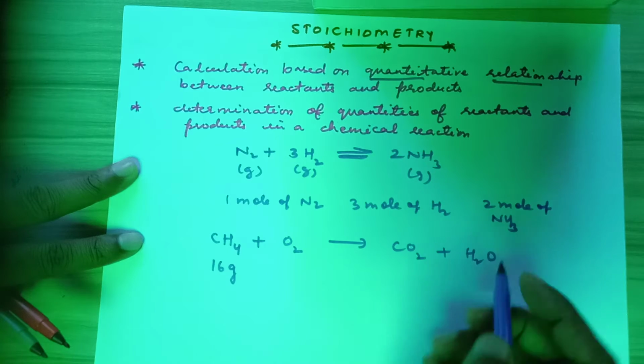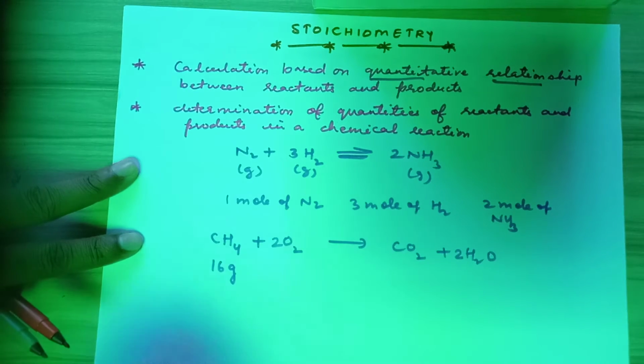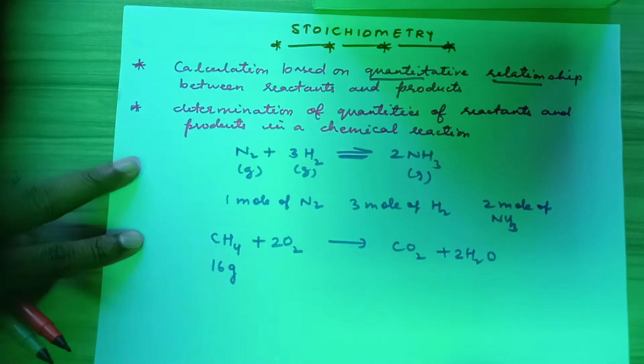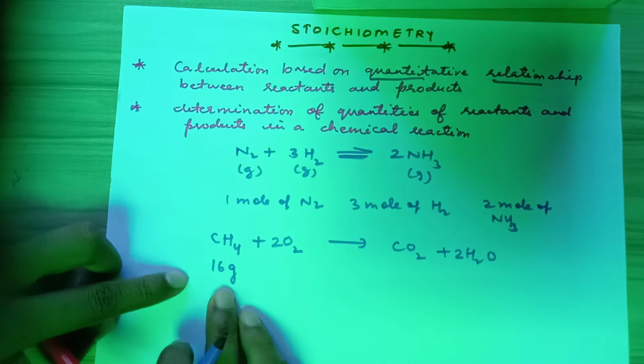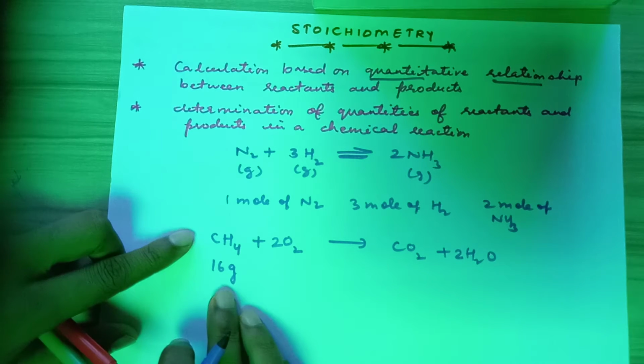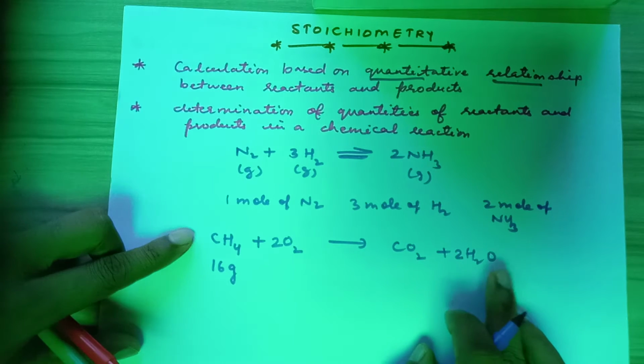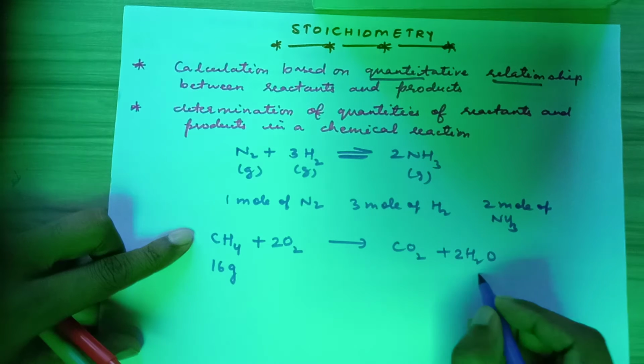Here there are 4 hydrogen, so it will be 2H2O, and 2O2. All are gases in nature. Suppose 16 gram of methane is given and we have to find the amount of H2O.